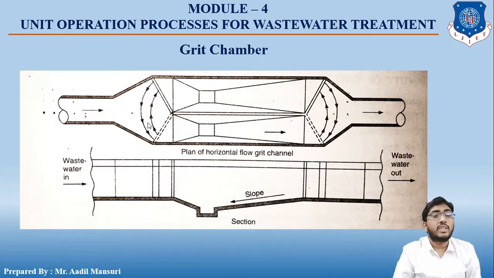Okay, so you can see here that from the left side the water is entering the grit chamber, right? Then the area is increasing, and in increasing area the velocity of flow is reduced. Okay, so because of the reduced velocity the particles will settle down under the effect of gravitational force.